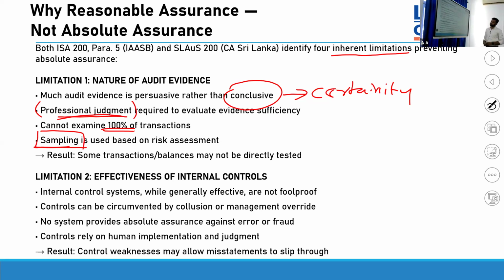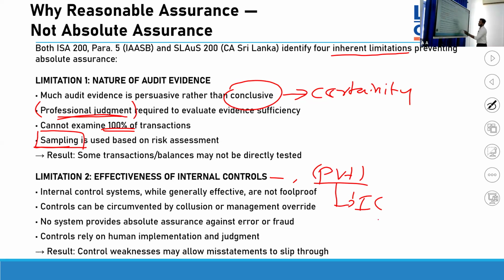The second one is the effectiveness of internal control. In most organizations, normally in private limited companies, I'm talking about private limited now, they don't care about internal controls.